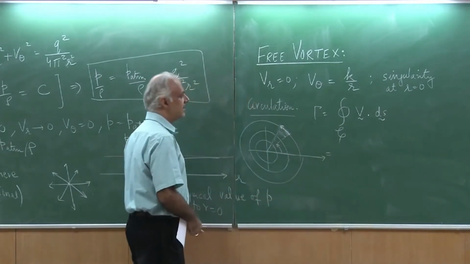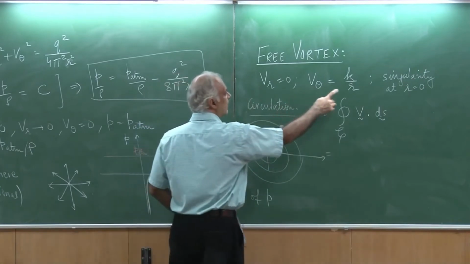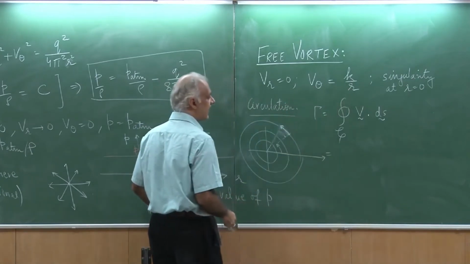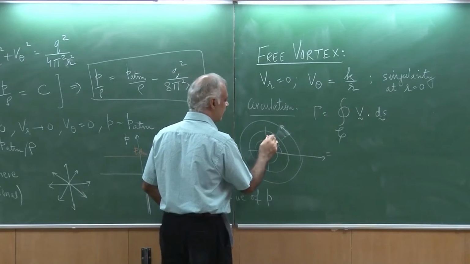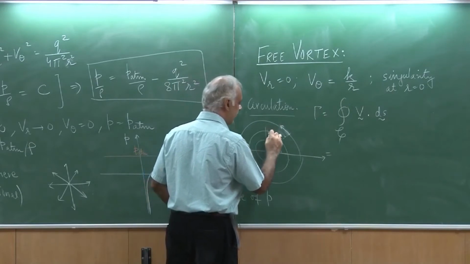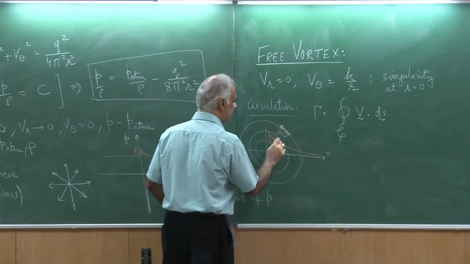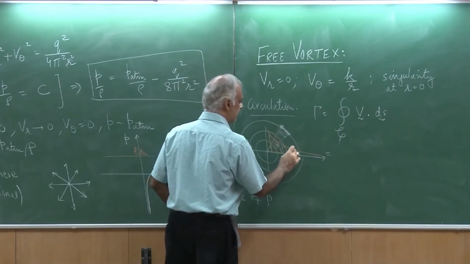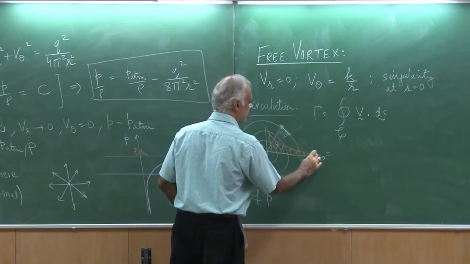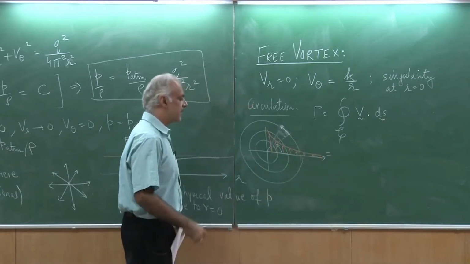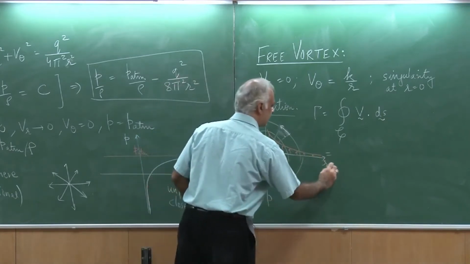So my v theta goes to 0 as r goes to a very large value. If I had to draw a velocity profile, it would look something like this. I would get very large speeds and a 0 speed as my r approaches infinity.